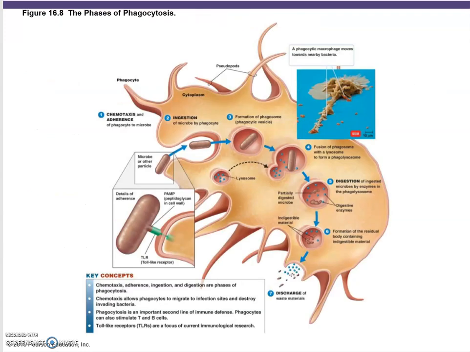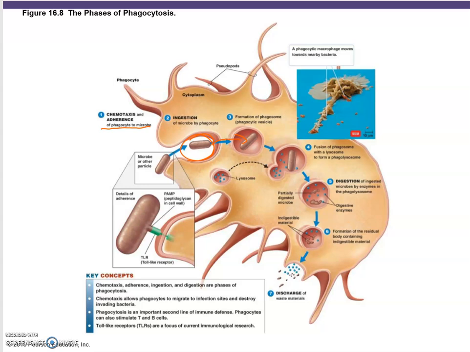You have the steps of phagocytosis one more time in a diagram. It's a little bit easier to follow. So first, you need to have chemotaxis and adherence, and that will be the first step. And then this bacterium here was scouted out and flagged maybe, and now this phagocytic cell is engulfing it and packaging it up into a vesicle, and so that will be ingestion.